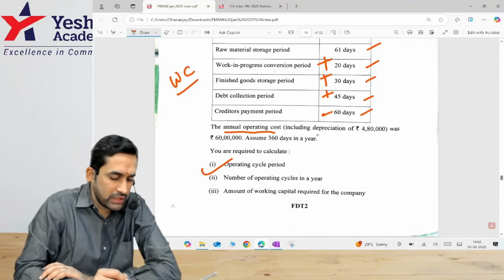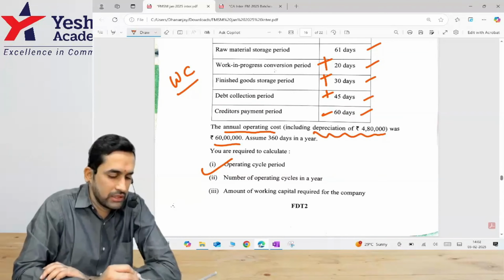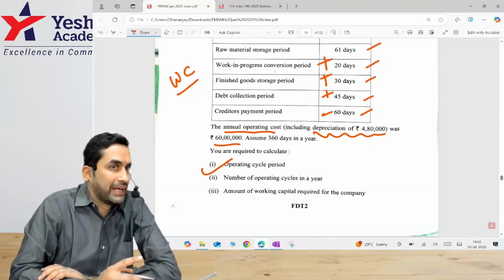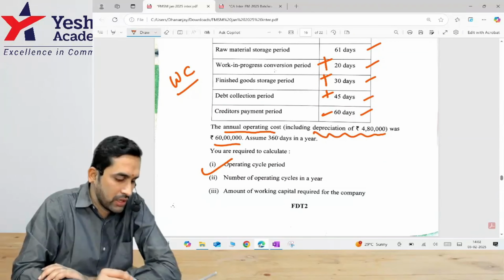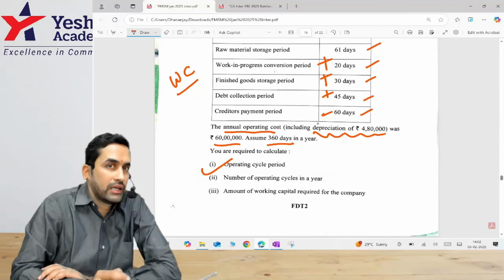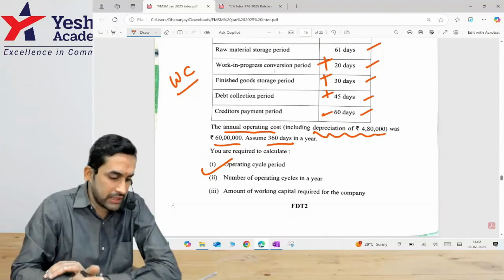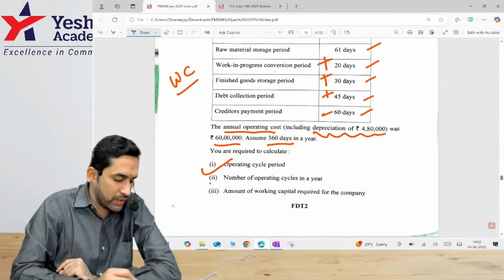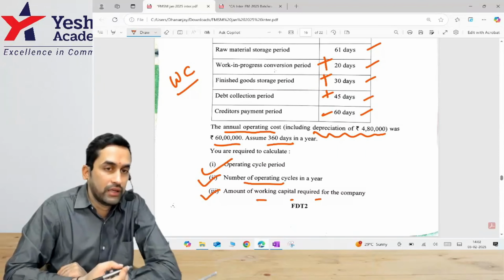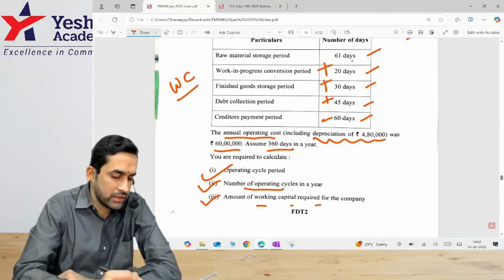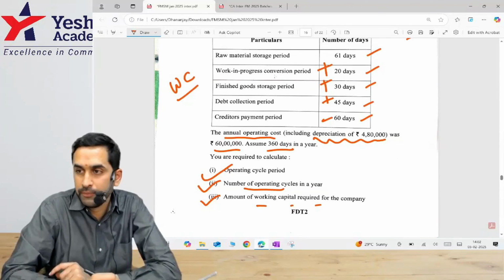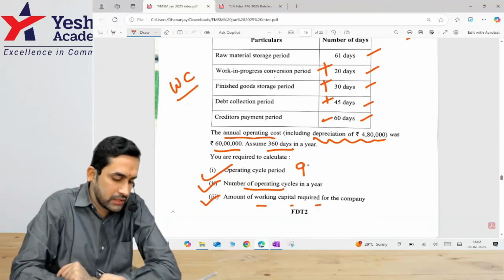Annual operating cost, including depreciation, is 60 lakh. That means you have to minus that 4,80,000. And clearly, at least one thing you don't have to worry about now: in the exam, they will print 360 days. You are required to find out one cycle period, number of cycles in a year, and amount of working capital required. In the calculator, can you quickly finish this: 61, 20, 30, 45? How many days? 96 days.